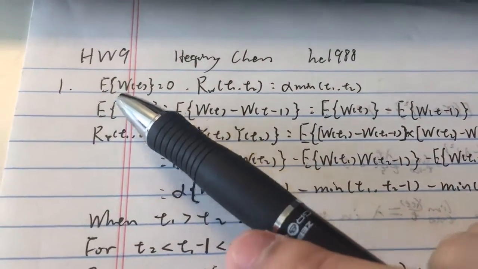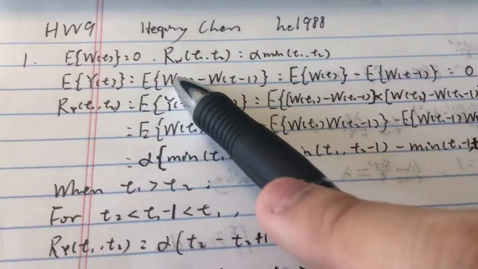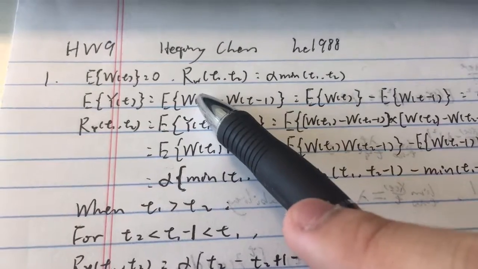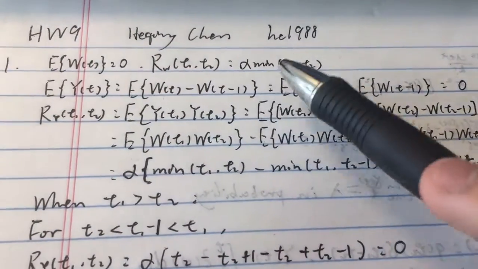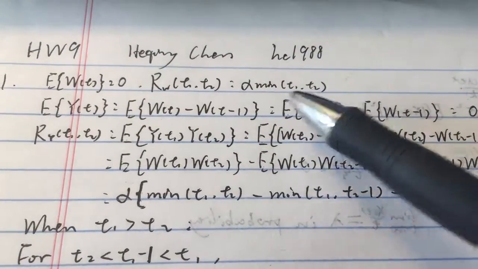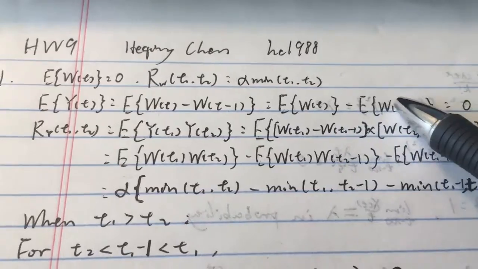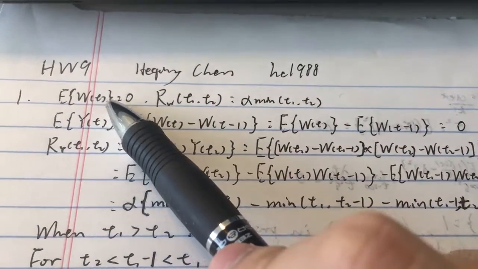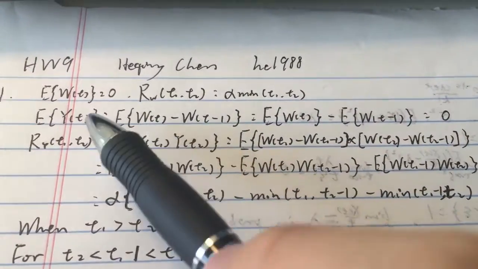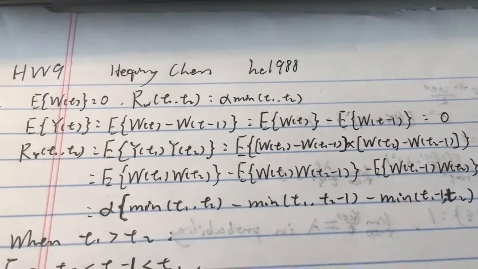So we put Y(t) into this, and we get the expected value of W(t) minus the expected value of W(t-1). This equals 0, so the expected value of Y(t) should be 0.